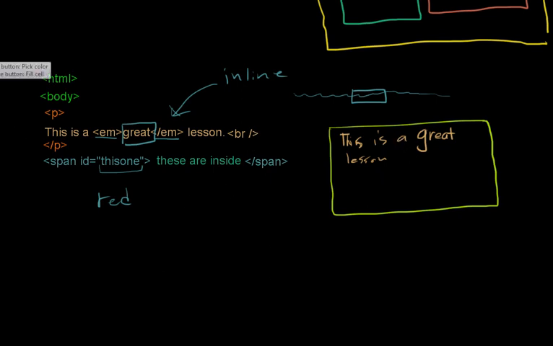Because otherwise, if we didn't have that, we would have, that's a great lesson, and then these are great would be right there. But since we put the BR slash in, it returns it to this line, and then we say these are, oh, well, if I did the red thing, then they wouldn't be blue, they would be red. I should be consistent. Okay, so the span that is containing these words has the ID of red.